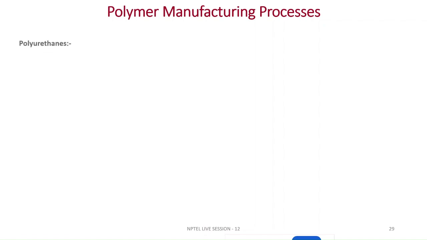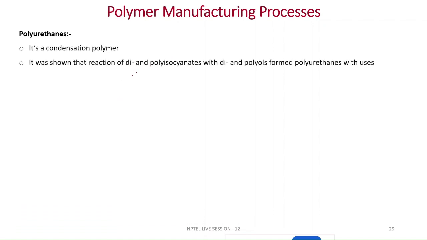Last one we will discuss is polyurethanes. It is also a condensation polymer, and the reaction of diisocyanate or polyisocyanate with diols and polyols forms the polyurethanes with different uses.